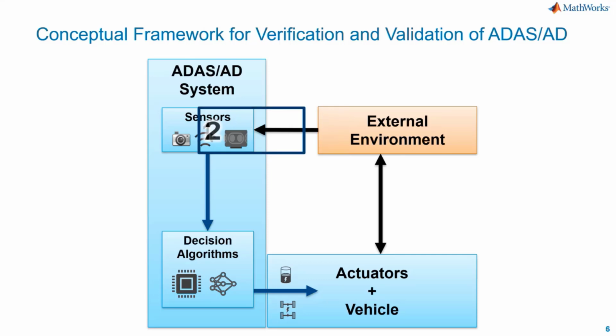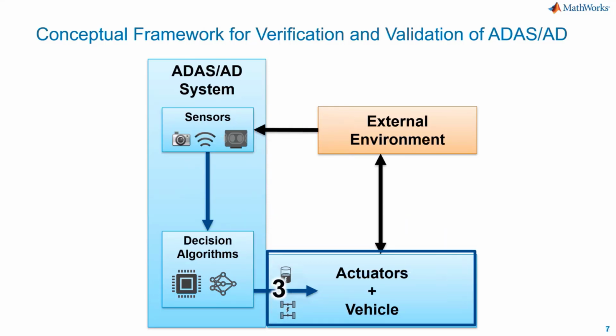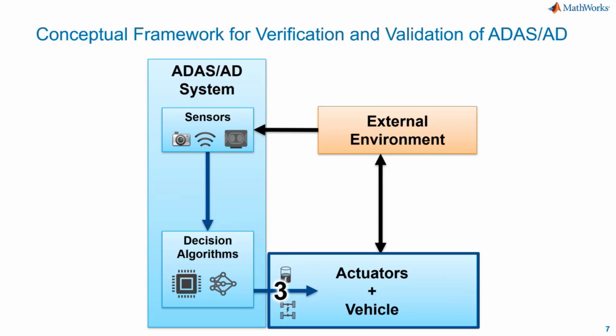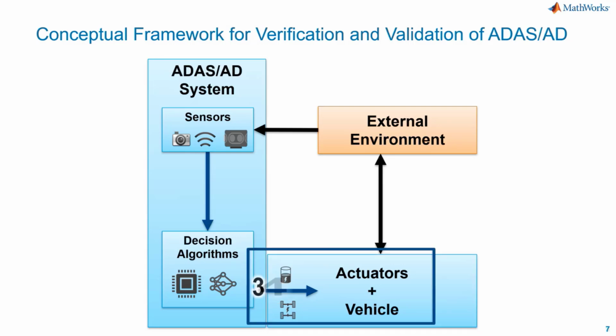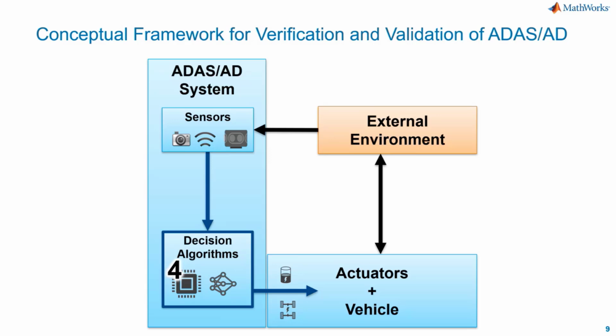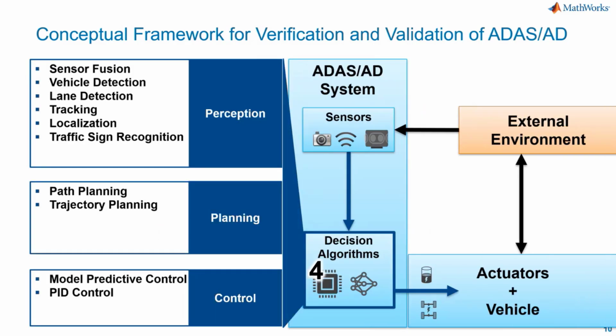And secondly, we have the sensors for the ADAS and AD, the actuators and the vehicle dynamics, right? Of course, as well as the algorithms. The algorithms include perception, planning, and control, and any other algorithms, let's say for predicting the objects, etc. Anyway, this algorithm is the system under test, right?